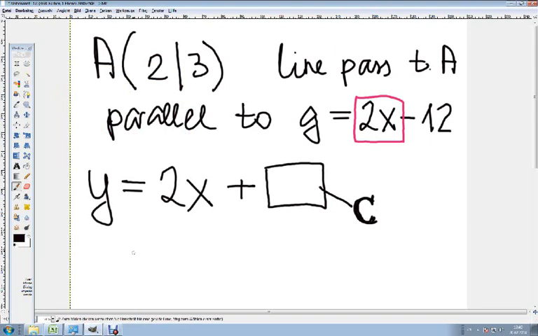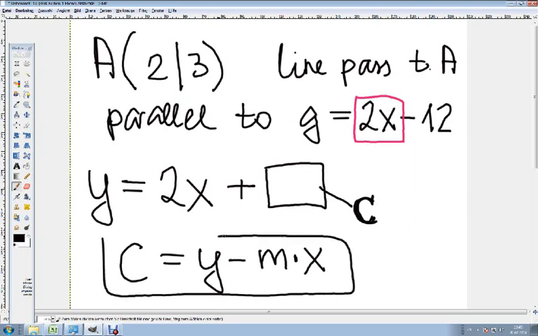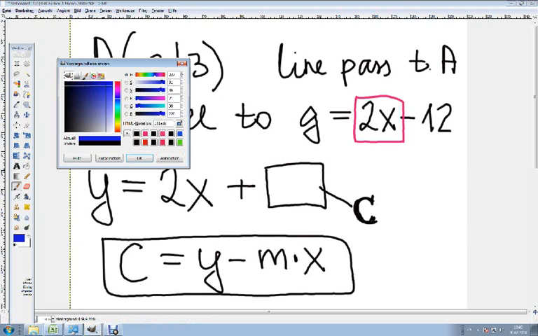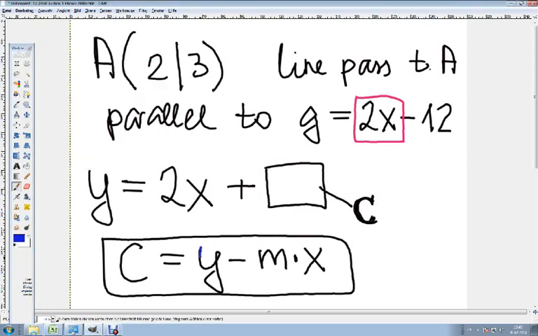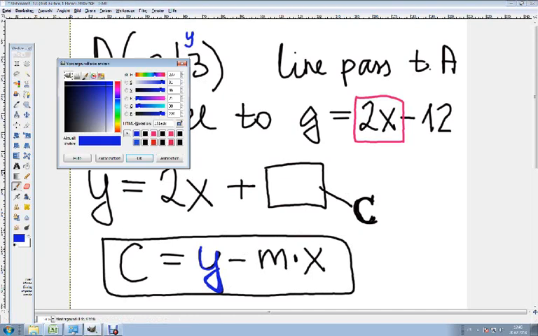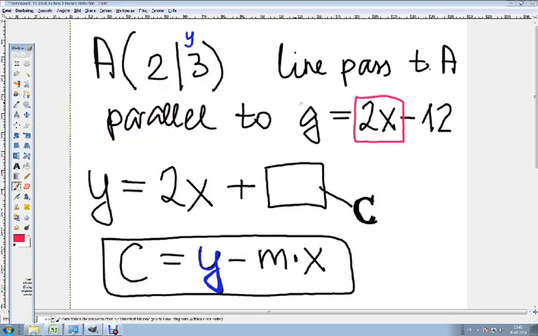Because of video 1 we have the formula for c equals y minus gradient m times x. It was formula number 1. Now I have everything for my c. I have y, I make it clear with my colors, it is y, because the line passes through the point 2 and 3. I have x, it is 2.